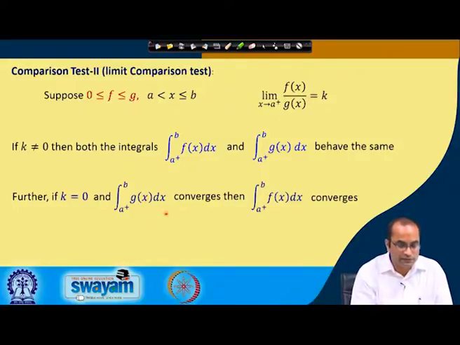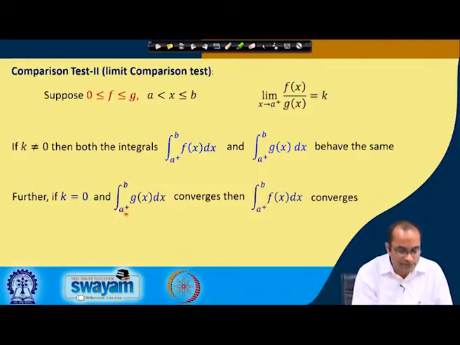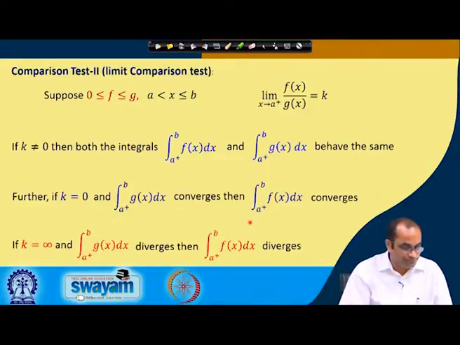So if this g integral converges, then we can tell that this integral of f will also converge because of this limit here. This g will be growing faster, and that is the reason we are getting this 0, and in that case if g converges, f will also converge. Without the proof, just by intuition, we can feel that these results hold.